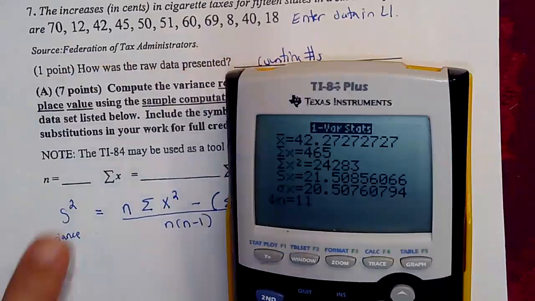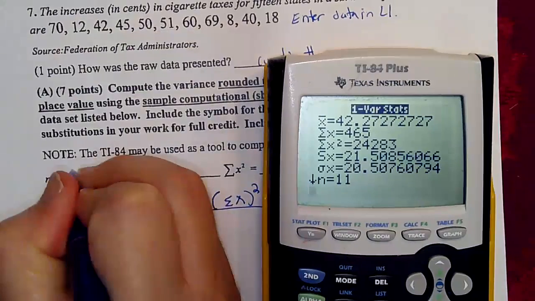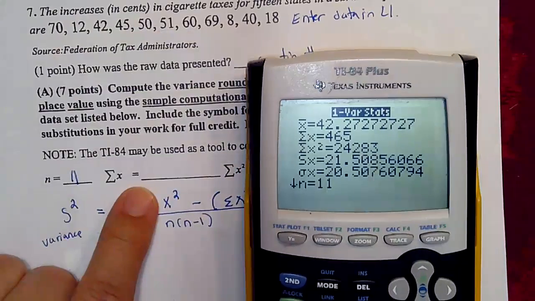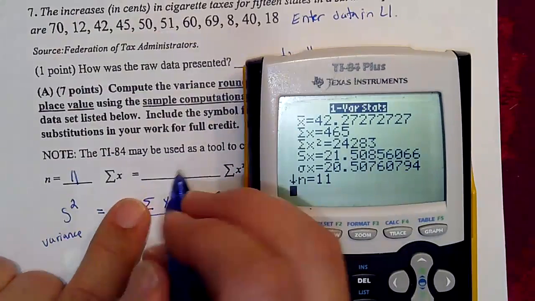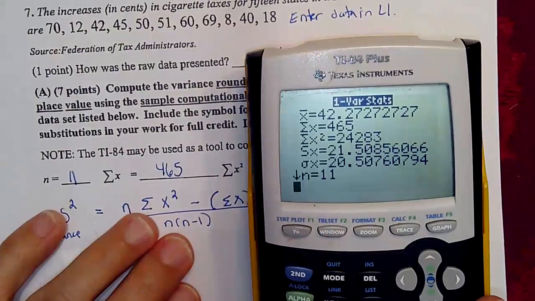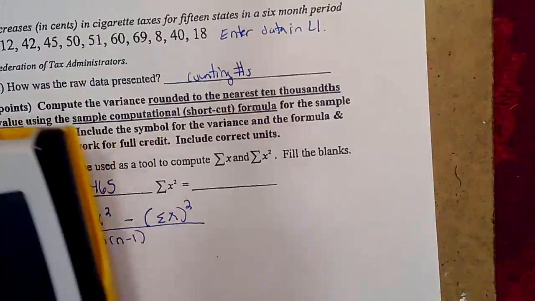And then I should be able to grab some things from here, like n is 11 from the calculator. And then you can see here, summation of x is 465. So just double checking that. I got that over here too. And you can also see summation of x squared is, wow, 24,283.